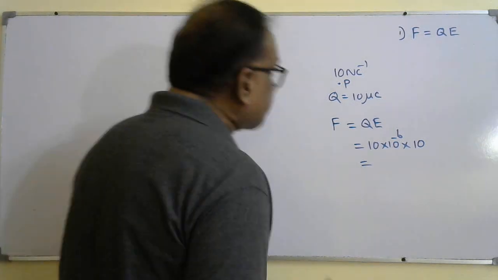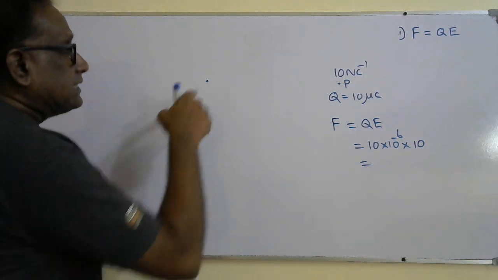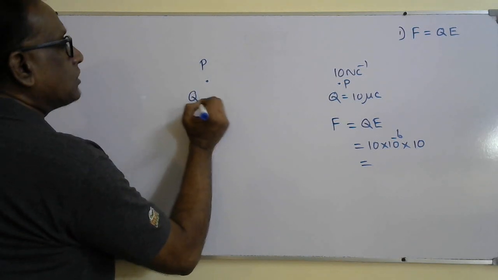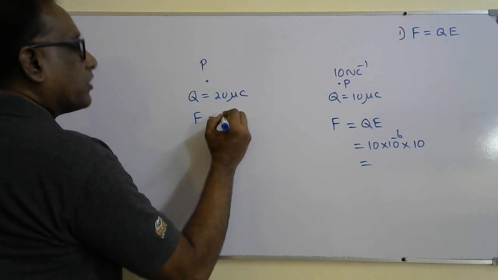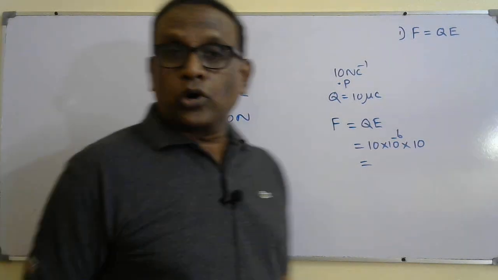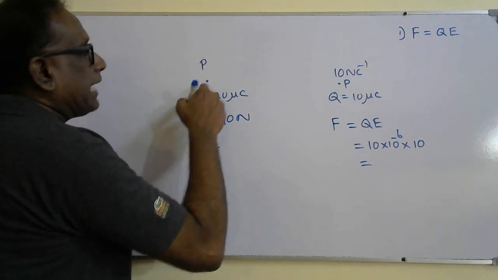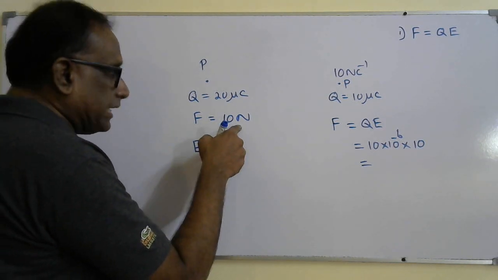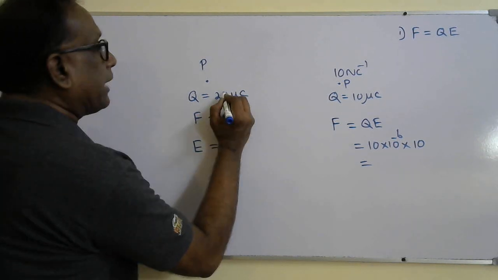Or if you know the electrostatic force acting on a point charge kept at point P, for example, the force acting on a charge of 20 microcoulomb is 10 Newton, and the question is what is the electric field strength at point P, then we can find it. I know the electrostatic force acting on the point charge is 10 Newton, and the magnitude of the charge is 20 microcoulomb.